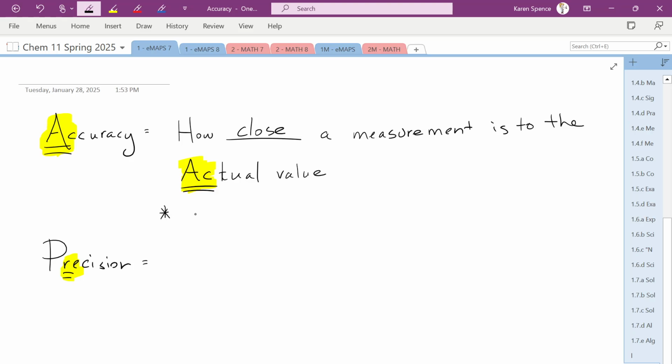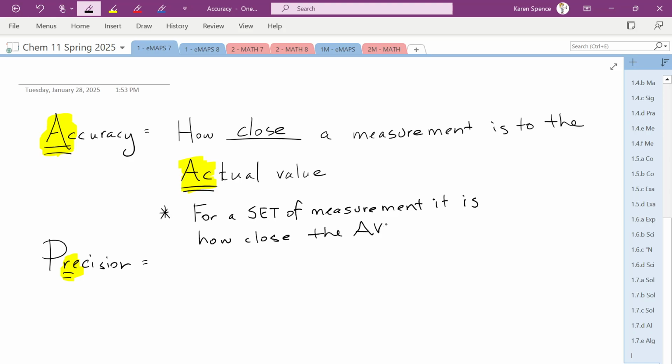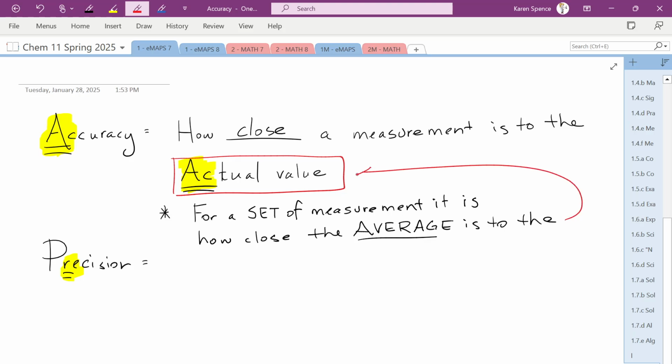So, if you have a set of measurements, it is how close the average is to the actual value.